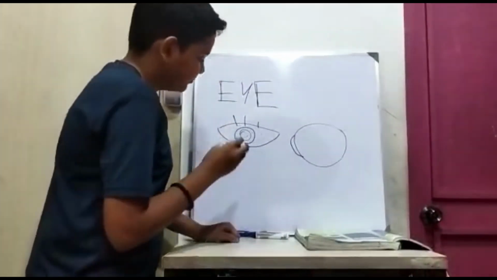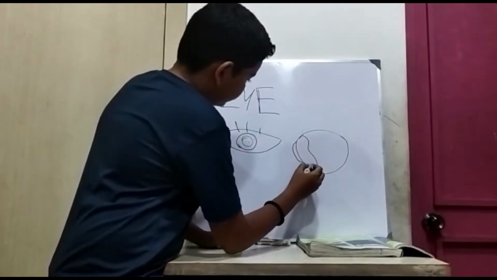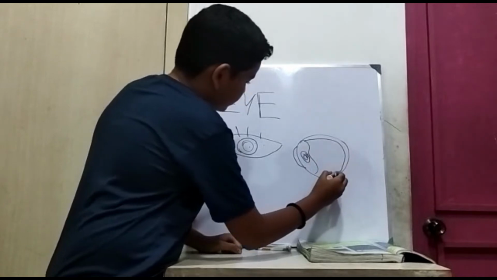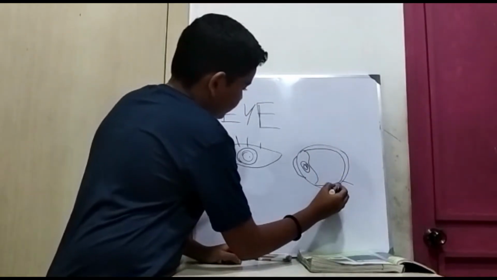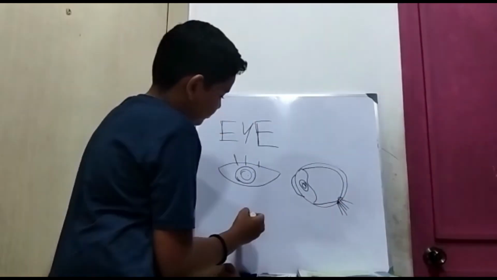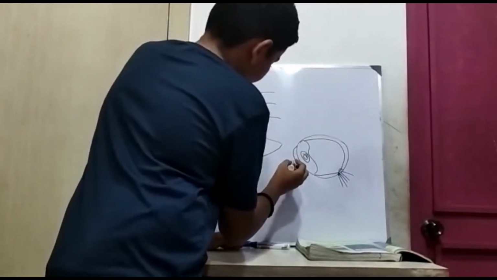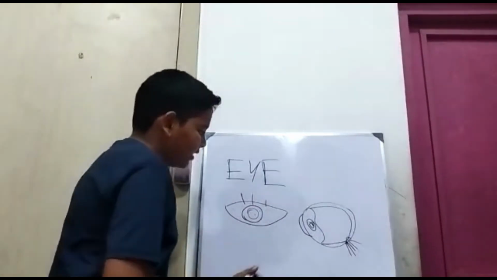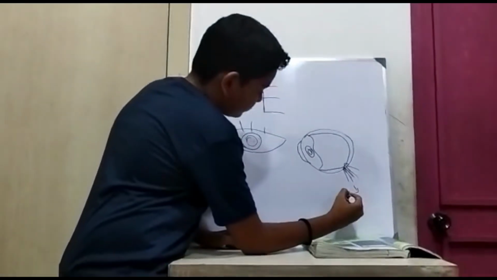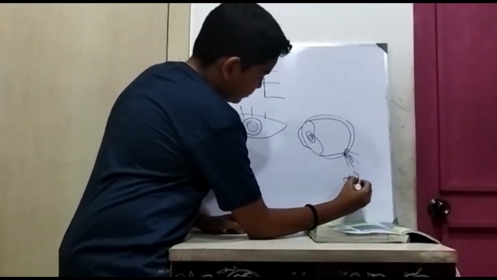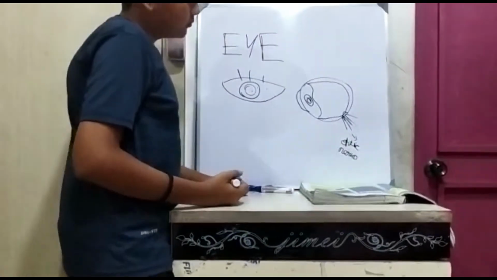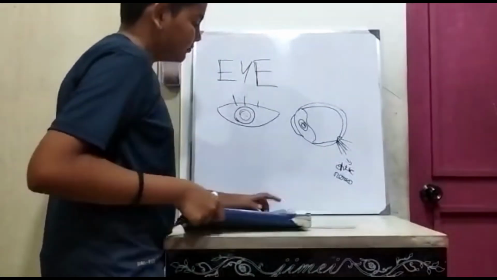Okay, this is the eye. In this eye, the back part over here is the optic nerve.